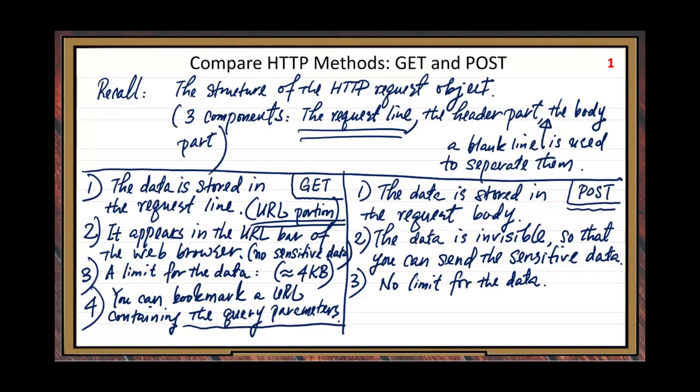So when you bookmark it, later when you need to retrieve that same page, you can easily visit it from your bookmark. But you cannot do the same thing through the post method. With post, you cannot bookmark the page, because the data is hidden.